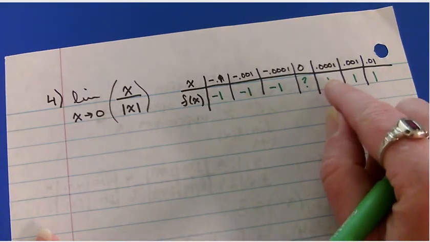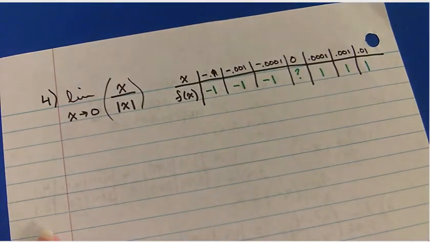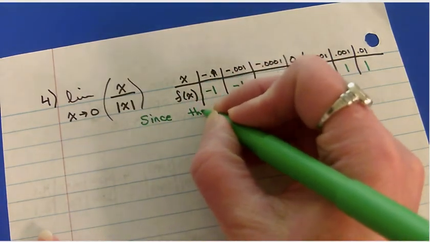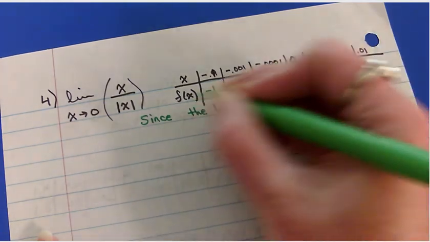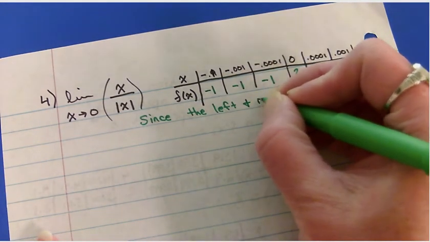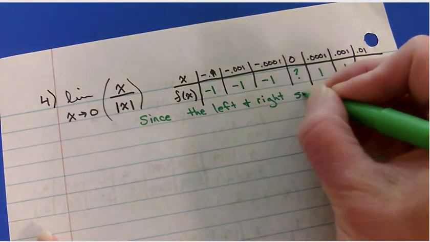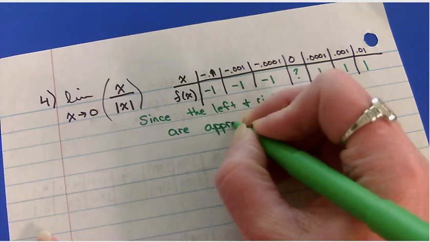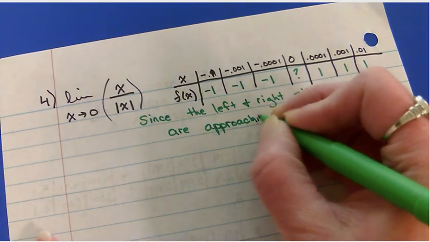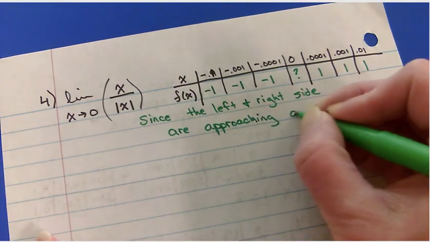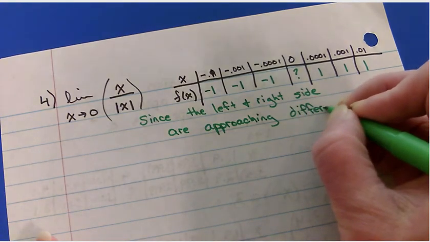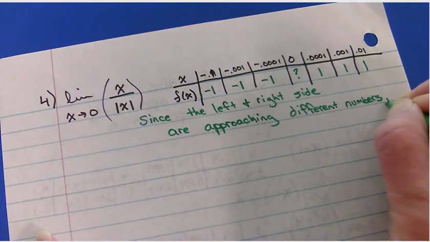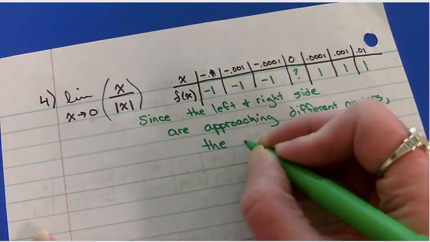So the way we would state this is since the left side and right side are approaching different numbers, the limit does not exist.